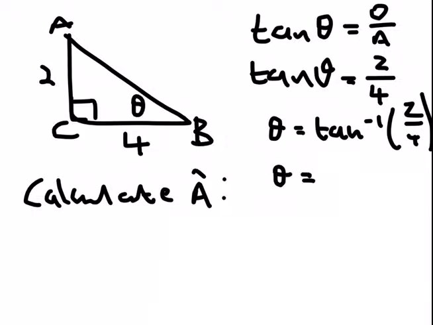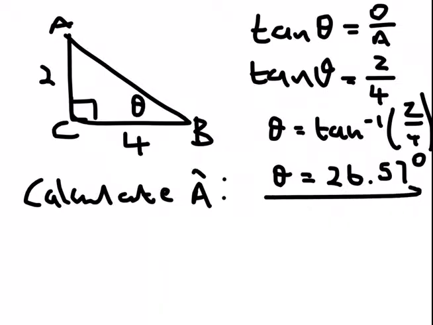Therefore, the angle will be shift tan 2 over 4. You close that, it's equals to 26,57 degrees if I round it off to 2 decimal places. Okay, then it's fine. It means I know what that angle is.